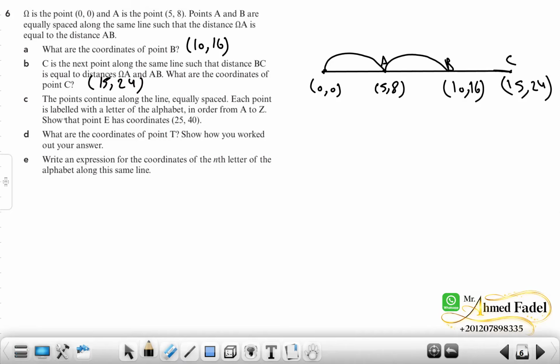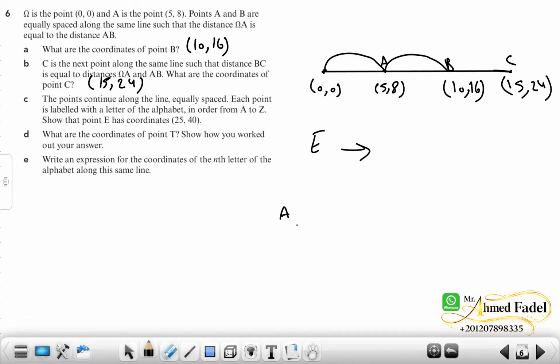The points continue along the line, equally spaced. Each point is labeled with the letter of the alphabet in order from A to Z. Show that point E has coordinates 25, 40. Okay, if we count here point E, which letter is it?